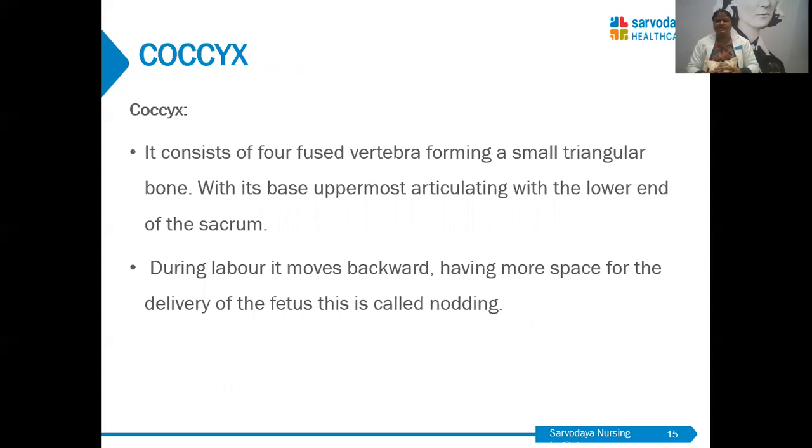Coccyx. It consists of 4 fused vertebrae forming a smaller triangular bone with its base uppermost, articulating with the lower end of the sacrum. During labor, it moves backward, giving more space for the delivery of the fetus. This is called nodding, and this forms a triangular shape.